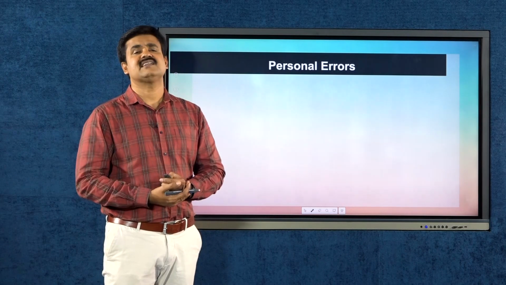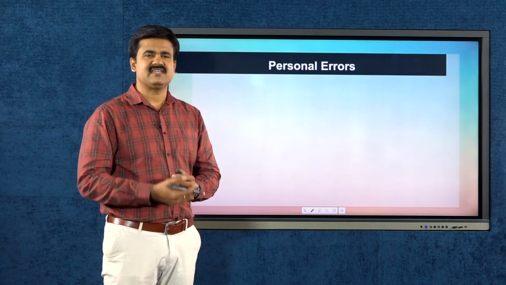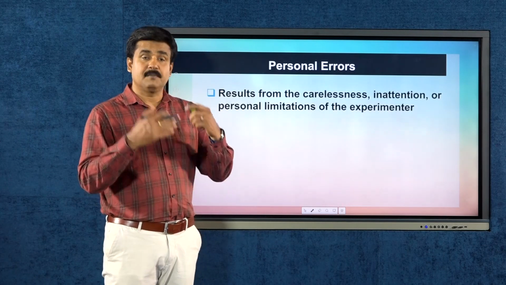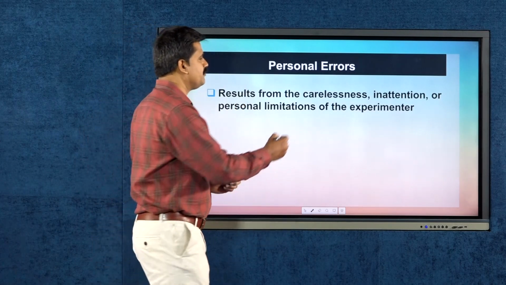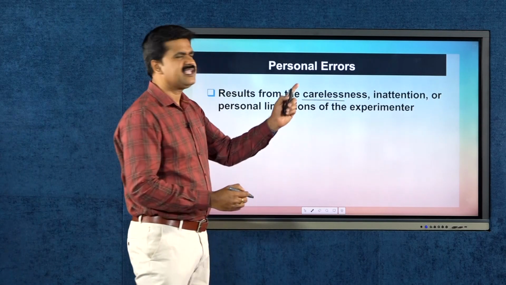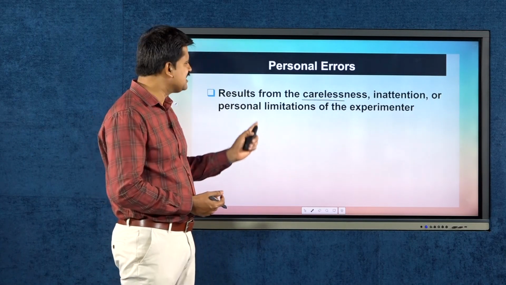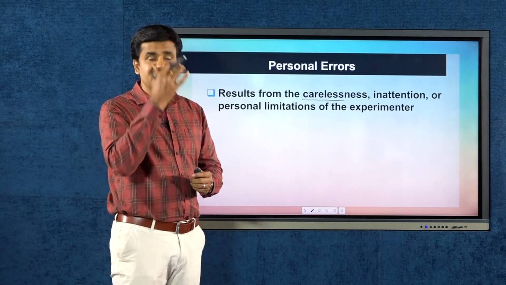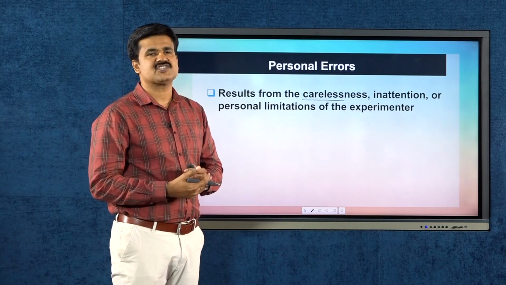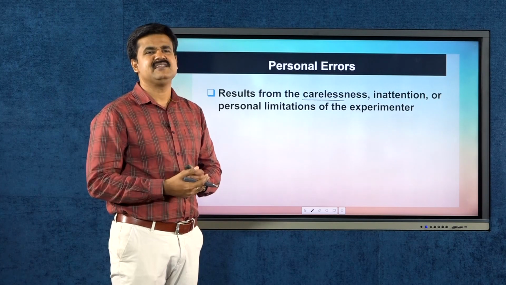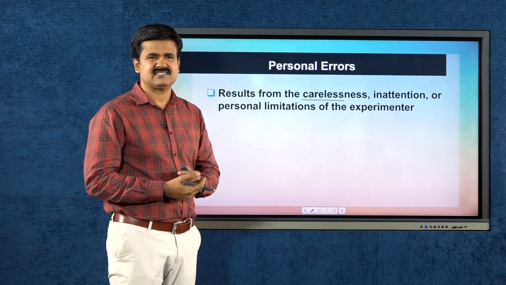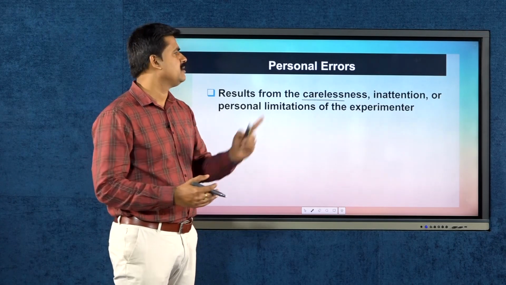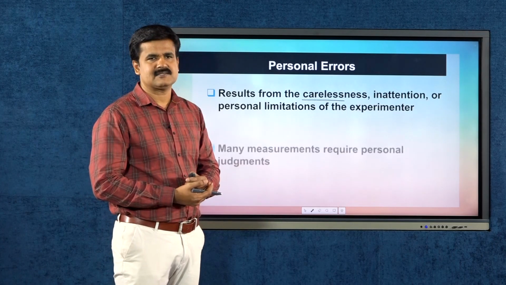The last category of systematic errors is nothing but the personal errors. The personal errors result from carelessness, inattention or personal limitations of the experimenter. The vision, the attention, the physical stability, etc. of the analyst have a crucial impact in generating the personal errors.